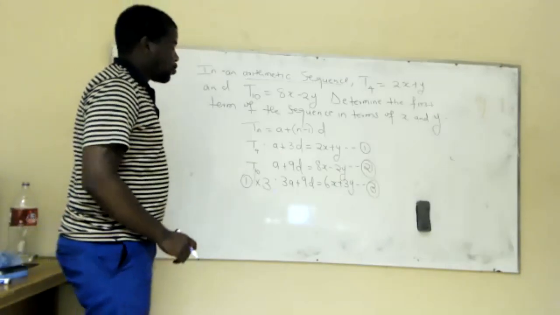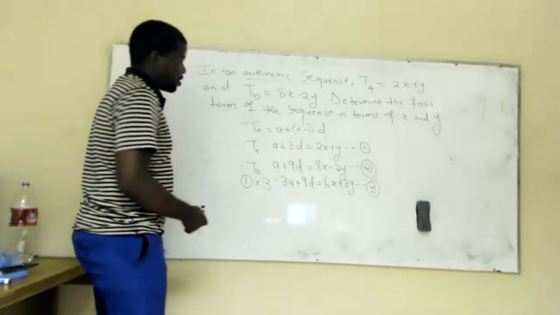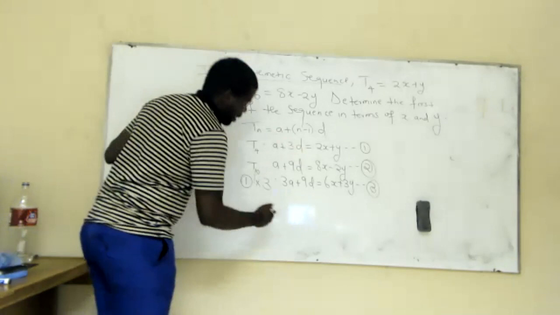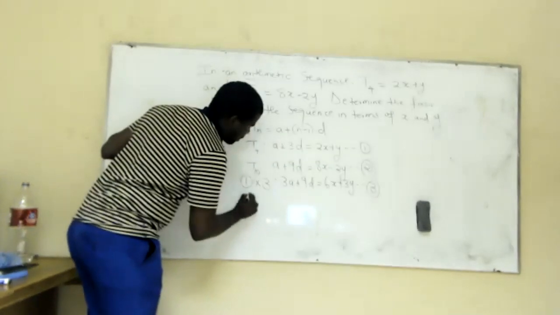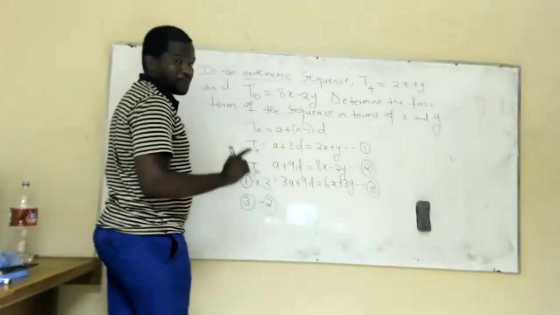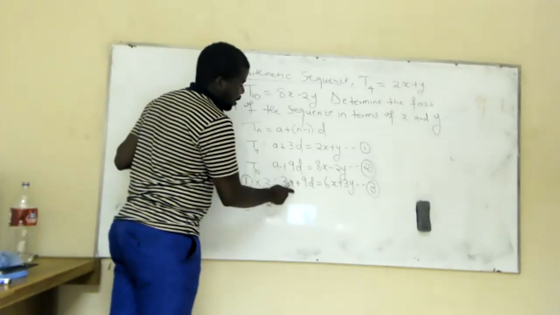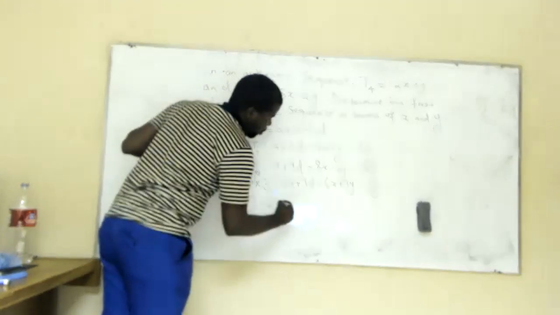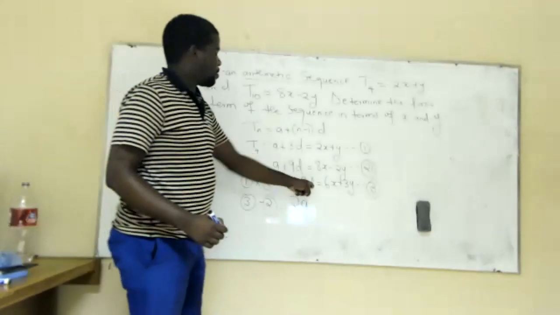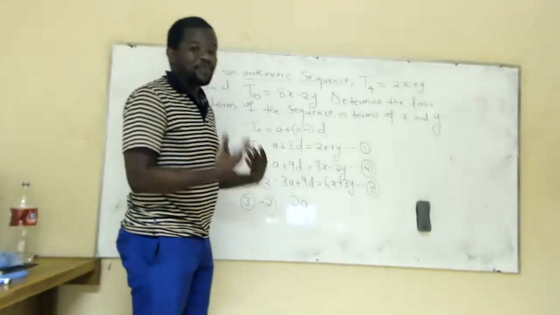So from there, you can then eliminate d. How are we going to eliminate d? By using simultaneous equations by elimination, or by subtraction. So you say equation number 3 minus equation number 2, which simply tells you that you're going to subtract 3a and a. 3a minus a gives you an answer of 2a. And then 9d minus 9d gives you an answer of 0. Therefore, d is eliminated.